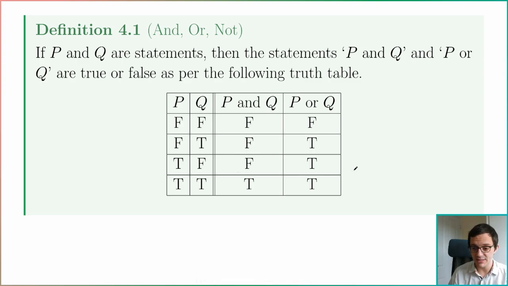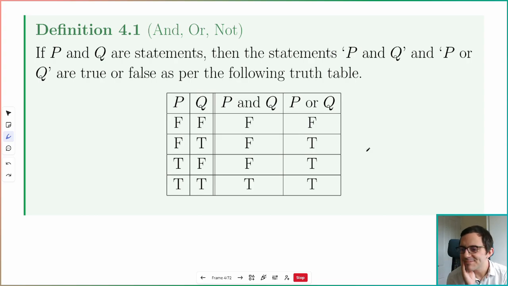There's a row for every case, and my definition, I suppose, is that P and Q as a statement is true only in this case down here, and the statement P or Q is true in most cases, except for this one at the top, with two Fs over here, which captures the idea of the words and or, of course.